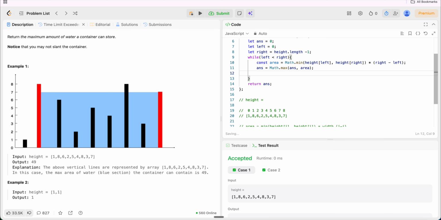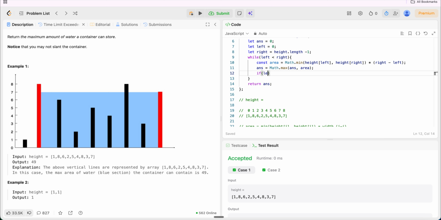Now what should happen? I have to move my smaller stick. If there is a smaller height on the left, I have to move the left pointer. If my height is lesser on the right side, the right pointer should be moved.